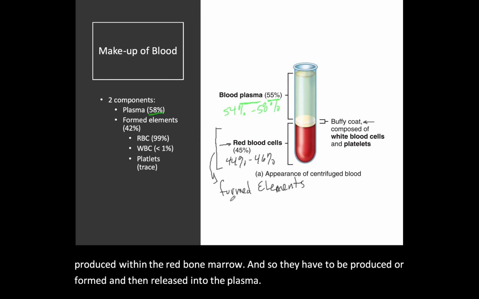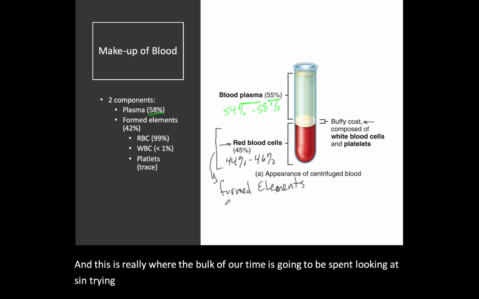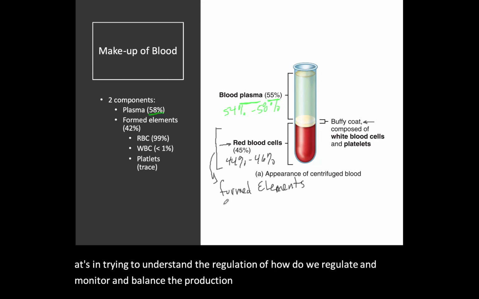And this is really where the bulk of our time is going to be spent looking at and trying to understand the regulation of how do we regulate and monitor and balance the production of your erythrocytes, your leukocytes, and your platelets.